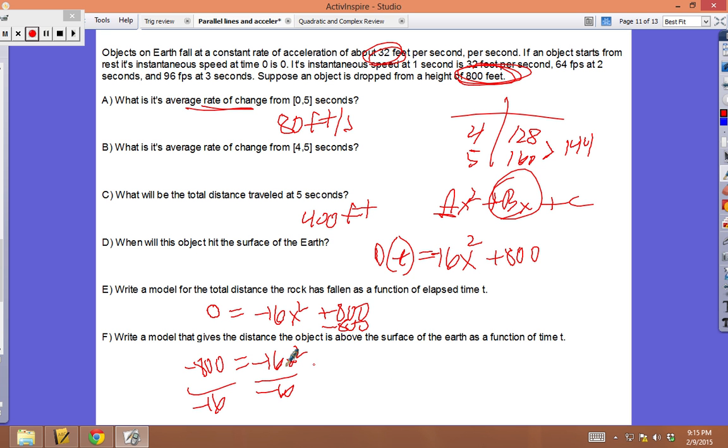And then you've got 800 over 16 equals x squared. Undo the square, so square root both sides. So the square root of 800 over 16 is going to give you exactly D. It hits the Earth at 7.071067 seconds. So approximately close to 7 seconds.